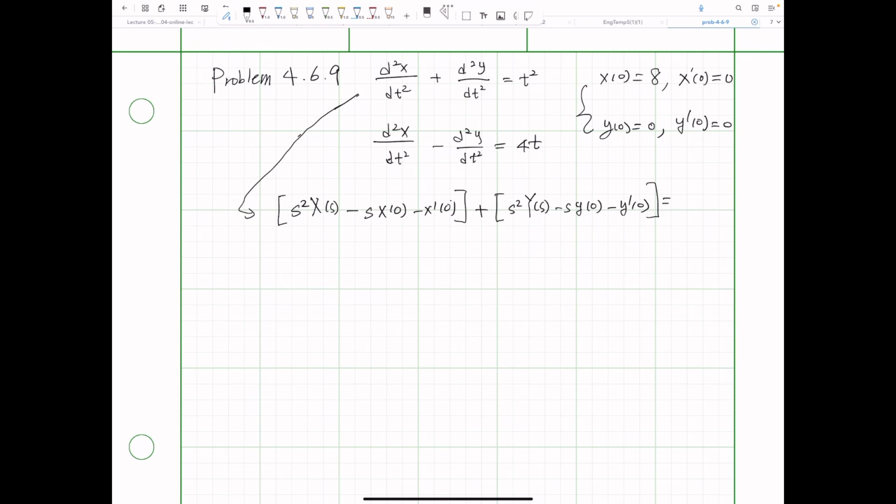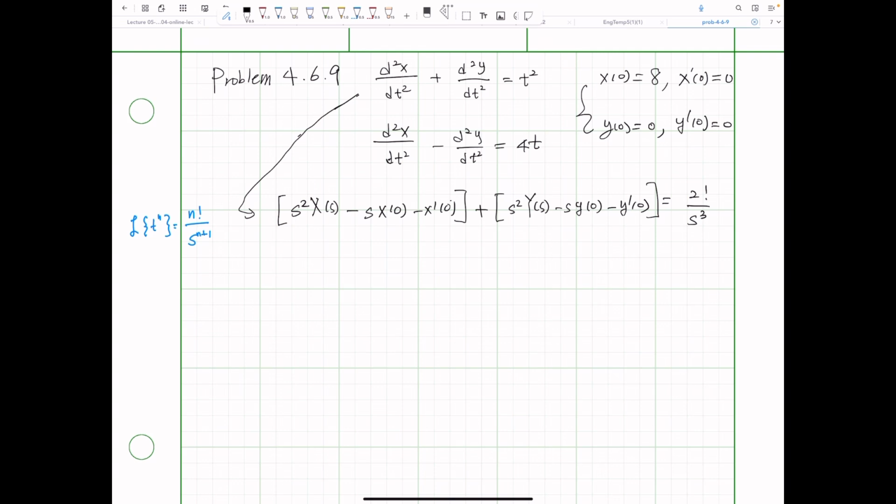And then for t squared, we have the Laplace transform of t to the power of n equals n factorial over s to the n plus 1. T squared is going to be 2 factorial over s cubed.